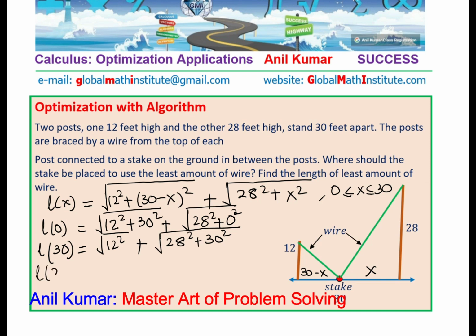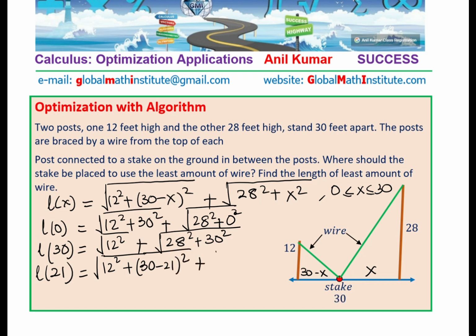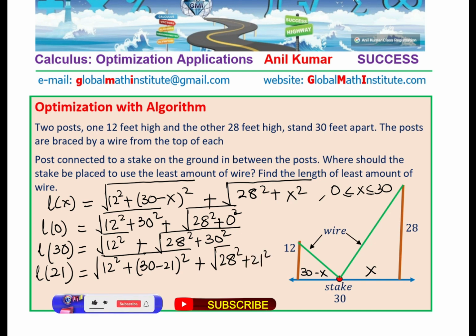And lastly, let's substitute 21. So we get square root of 12 square plus 30 minus 21 whole square, right? Plus square root of 28 square plus 21 square, correct?